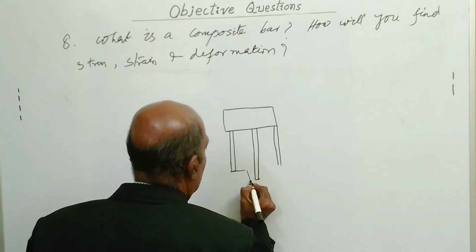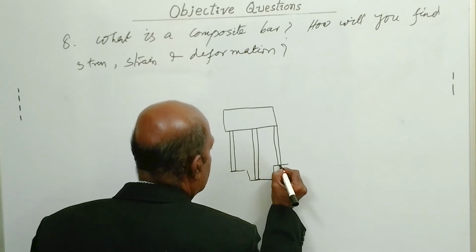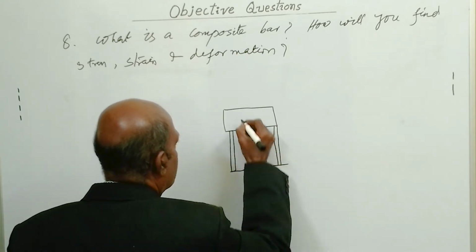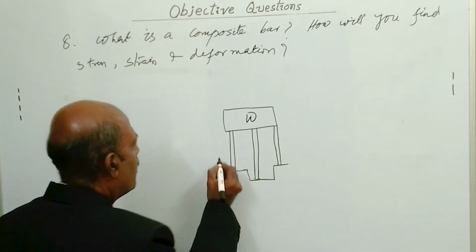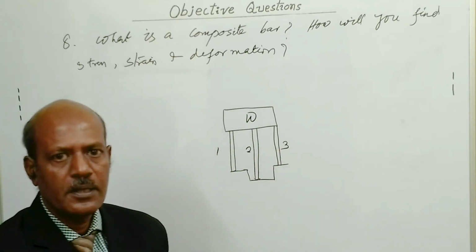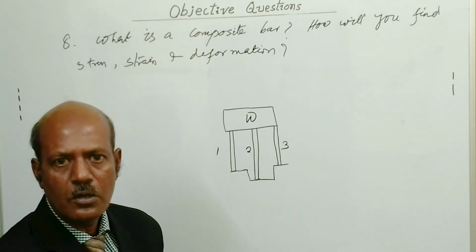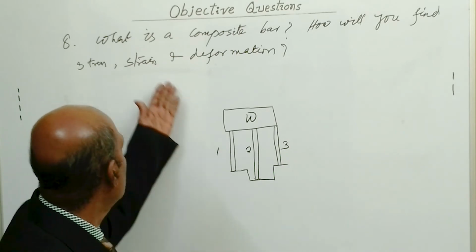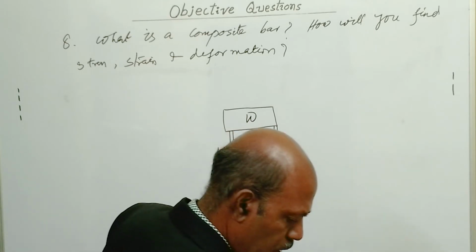These are the three members: member 1, member 2 and member 3. The three members are taking the total load, say W. Then this is called a composite bar.